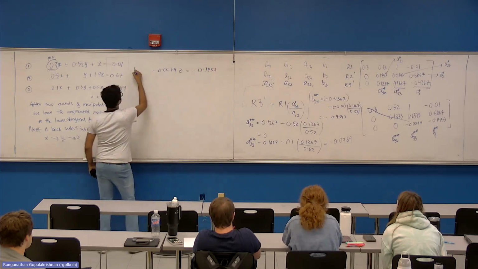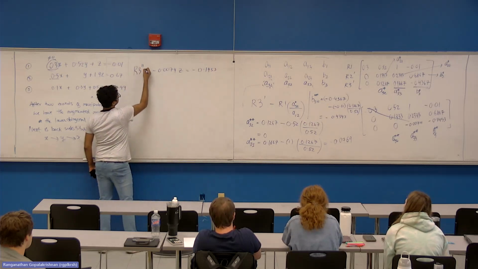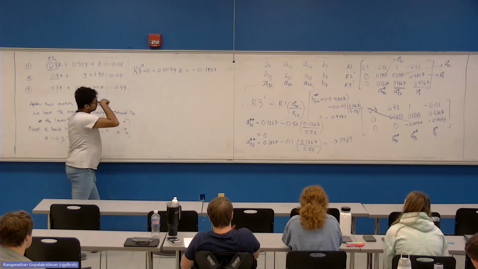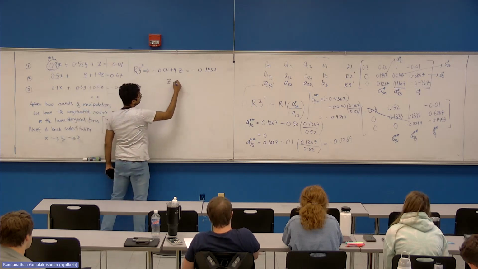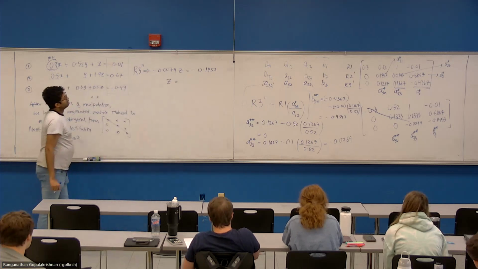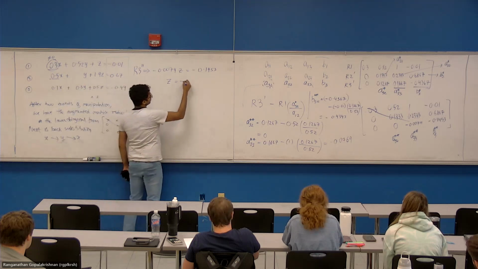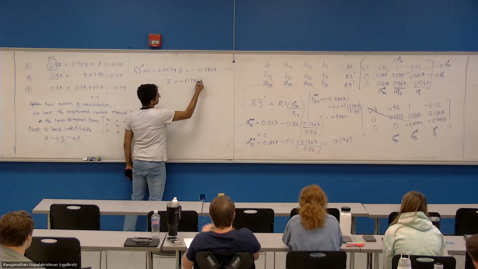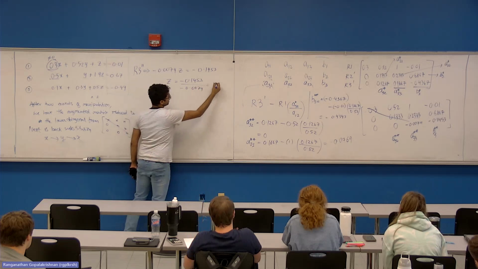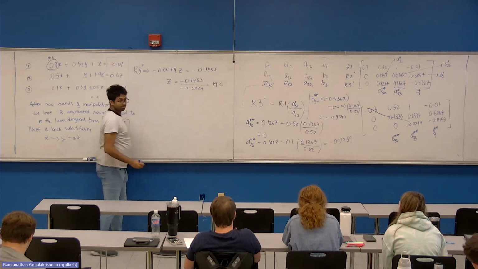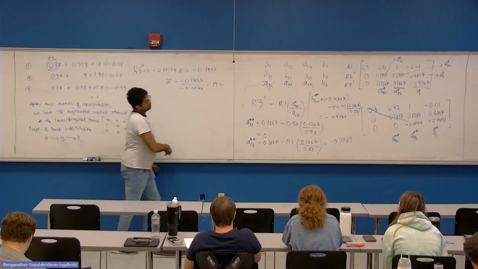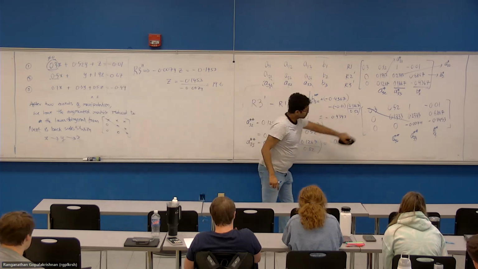This is R3 after two modifications. Okay, so what does that give us Z to be? Equals 19.6.